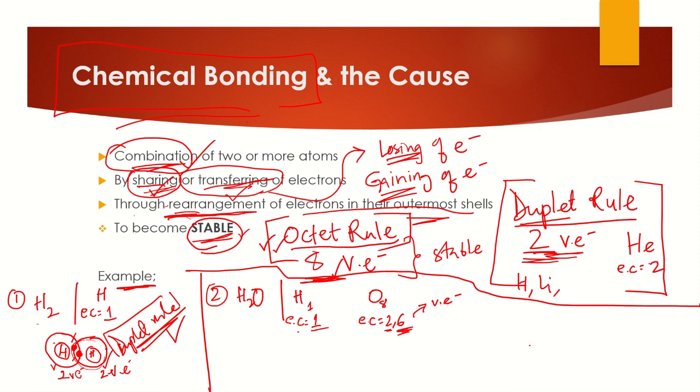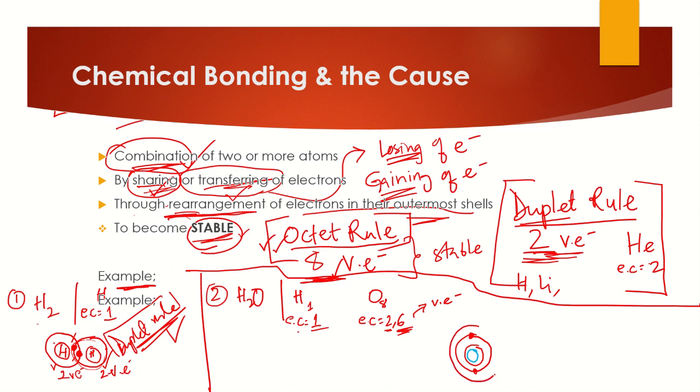Let me draw the atomic structure for our oxygen atom. The blue O represents the oxygen nucleus, which is enclosed here. Now let me draw the first shell of the oxygen atom, containing 2 electrons.